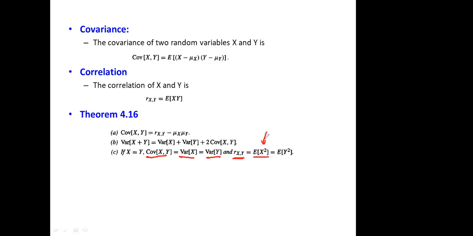This is what? Second mean. So remember that if x and y are equal, then the covariance becomes variance and the correlation becomes second mean.